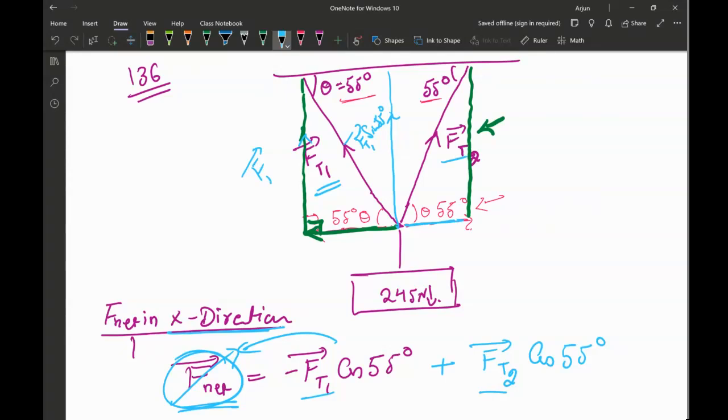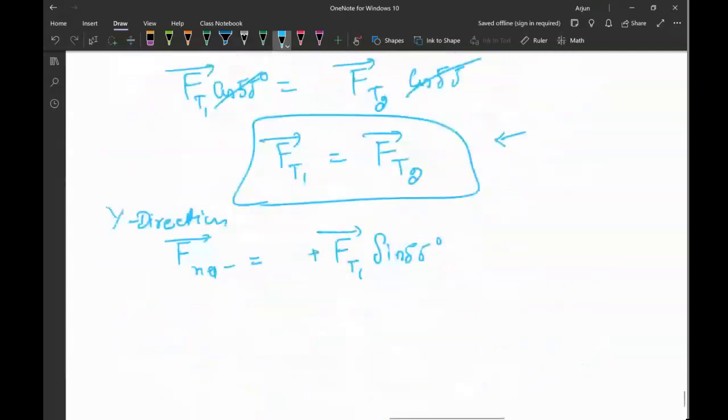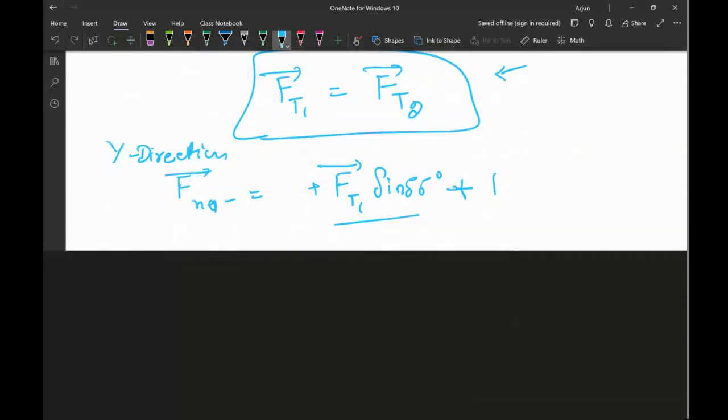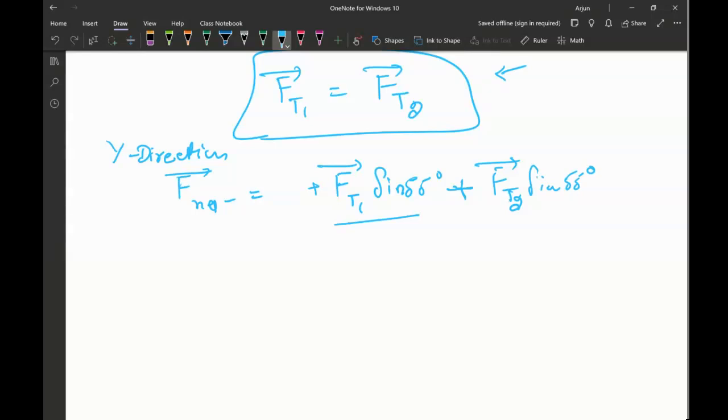And the same thing, this is ft2 sine 55 degrees. I can show it here also, ft2 sine 55 degrees. Now both are upward, so positive, plus ft2 sine 55 degrees.